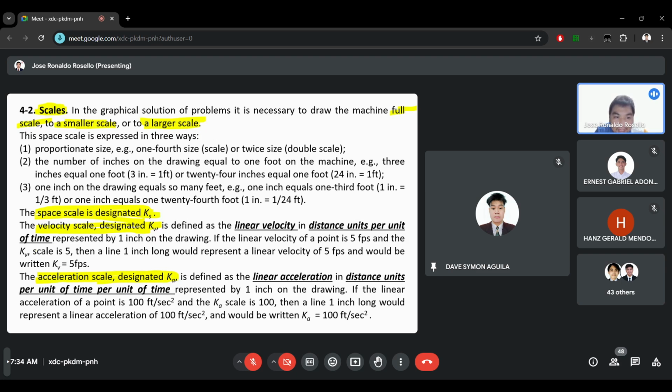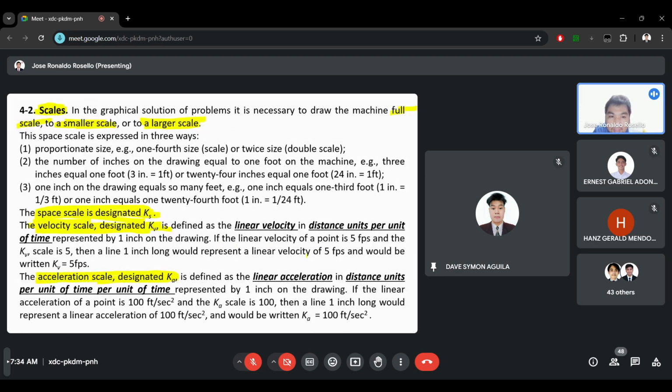Then that's the space scale. Then we have the velocity scale. So velocity scale and acceleration scale pertain to our vectors. Because we will be placing vectors on mechanisms, we have to dictate what our velocity scale is.